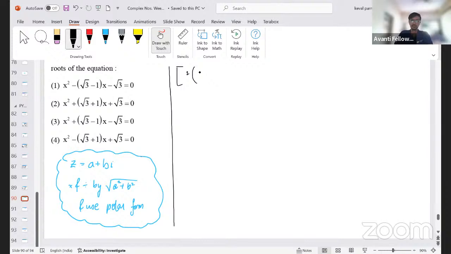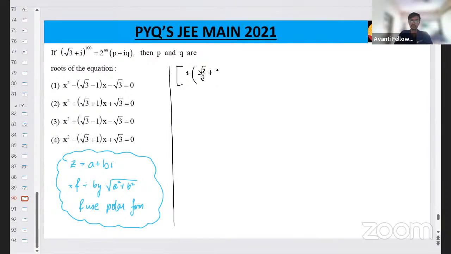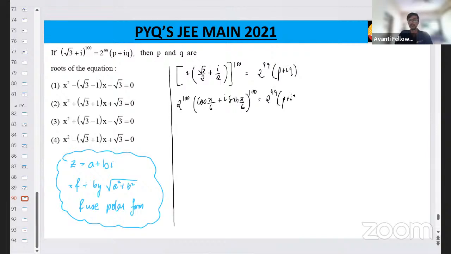So 2 into root 3 by 2 plus i by 2, the whole raised to the power 100 is equal to 2 raised to the power 99 into p plus iq. So 2 raised to the power 100 will come out. I can write root 3 by 2 as cos 30 degree plus i sin 30 degree, raised to the power 100 is equal to 2 raised to the power 99 into p plus iq.